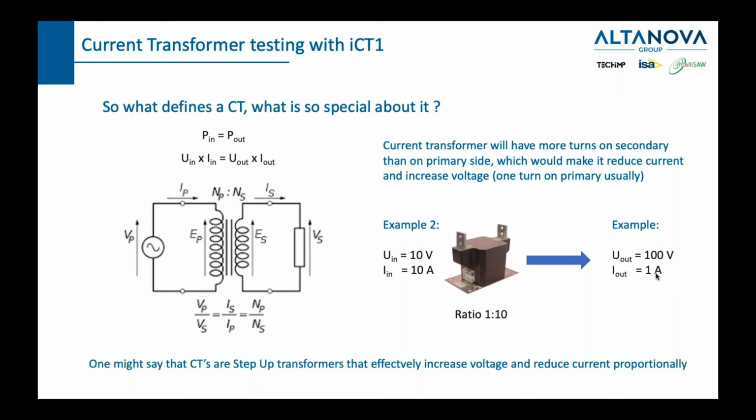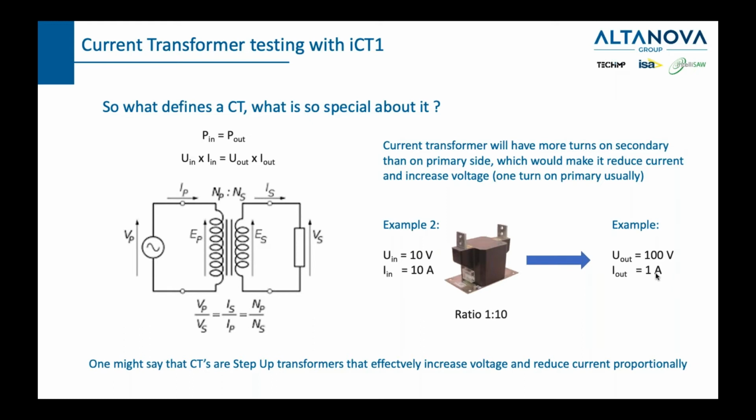So keep in mind, always keep the secondary side short-circuited. Effectively, when the current transformer is connected to some protective relay or energy meter, that is already short-circuiting the secondary side, because the meter is effectively a short circuit.